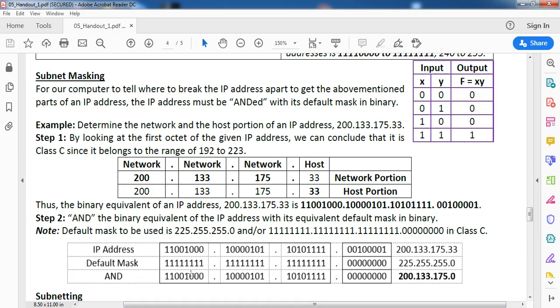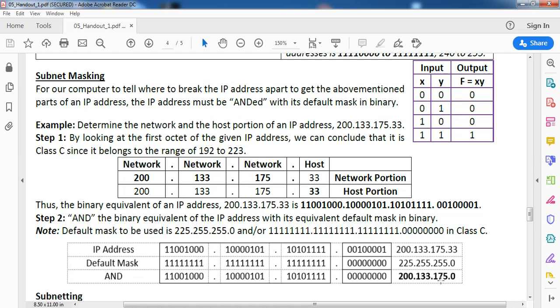The first 3 octets were retained from the IP address. Now the last default masks were all zeros, so whatever is in the last octet of the IP address would turn to 0.